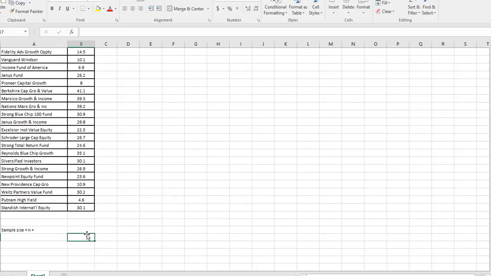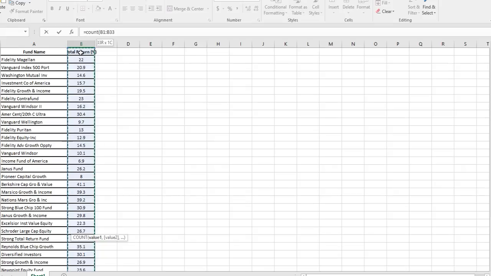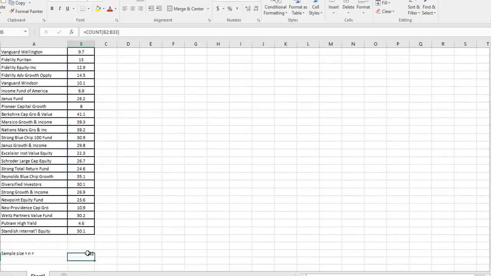And we can do that with Excel this way. We can say equal count, and always with Excel formulas start with an equal, and we can just count them. Of course, it's pretty easy to count by hand. So we have that.